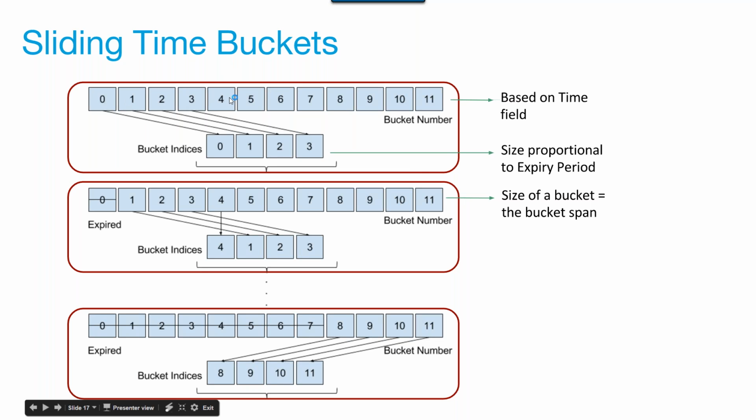The top level is the bucket IDs, and the bucket indices depend on the expiry period and the bucket span time. For example, if the expiry period is 20 seconds and the bucket span time is 5 seconds, then the number of buckets is 20 divided by 5, that is 4. So these 4 time buckets will exist.